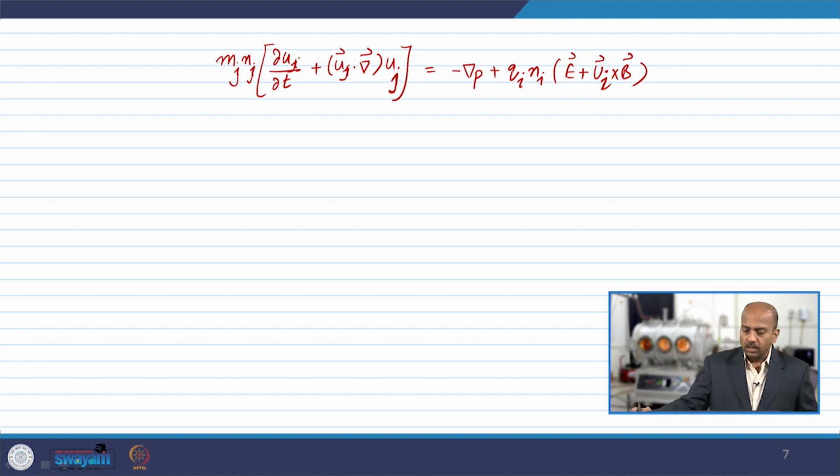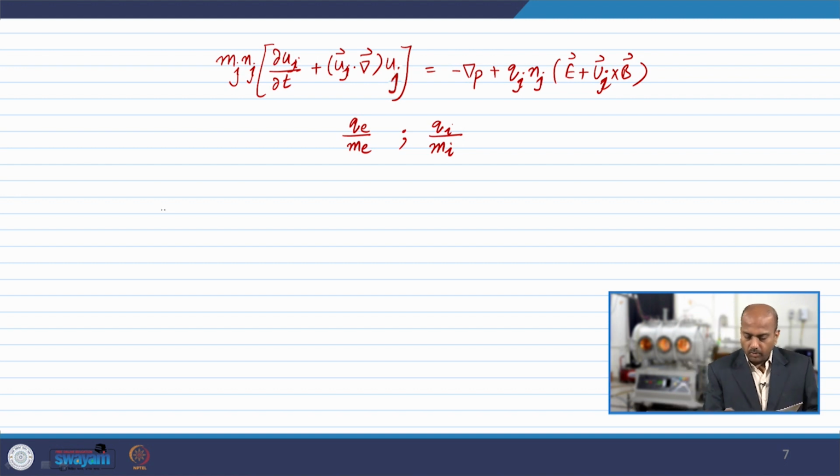What we do is we take this equation, and we multiply this equation by Qe by Me and Qi by Mi, and then add the two equations.